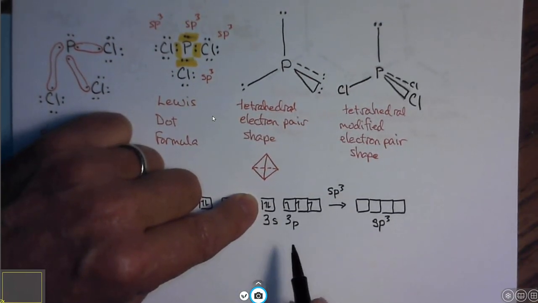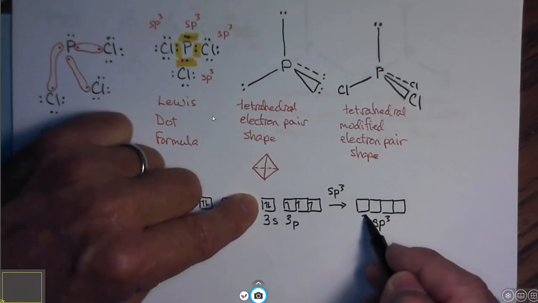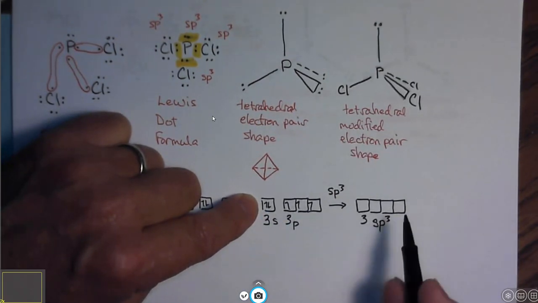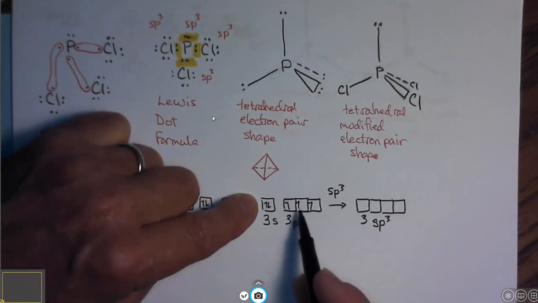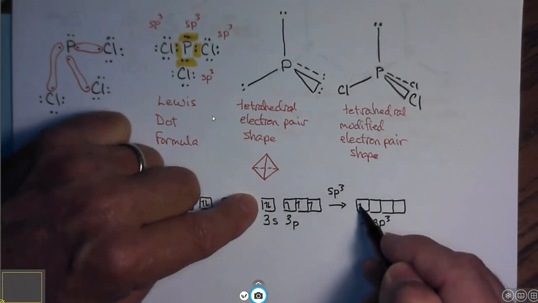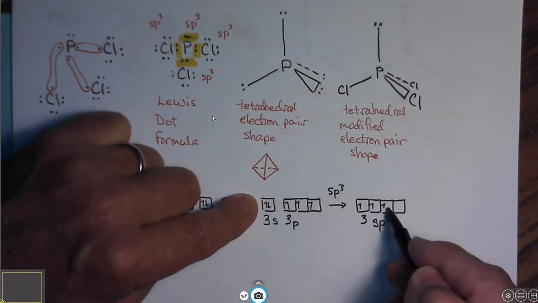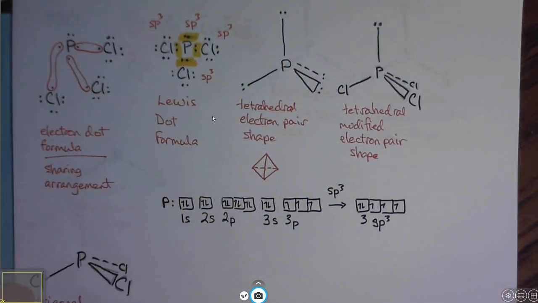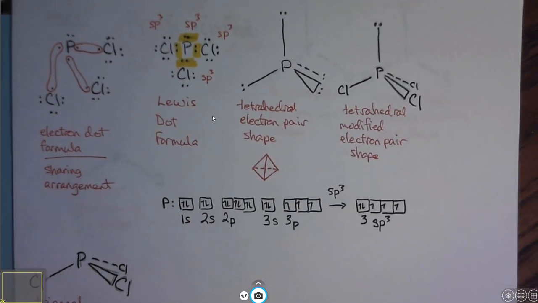The valence level is 3. These hybridized orbitals are in the 3rd primary energy level. You count all the electrons, 1, 2, 3, 4, 5, and you put them in here like we did with the p orbitals, 1 in each orbital, and then go back and pair up. That's an sp3 hybridization, or a set of sp3 hybrid orbitals.